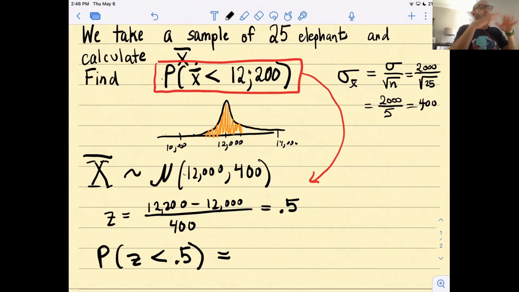You would need to pick a bunch of underweight elephants by chance. And if they're already rare, then the chance that you pick 100 of them that are rare is even lower. So in general, as we increase the sample size, the distribution of X bar has a tighter and tighter, smaller standard deviation.